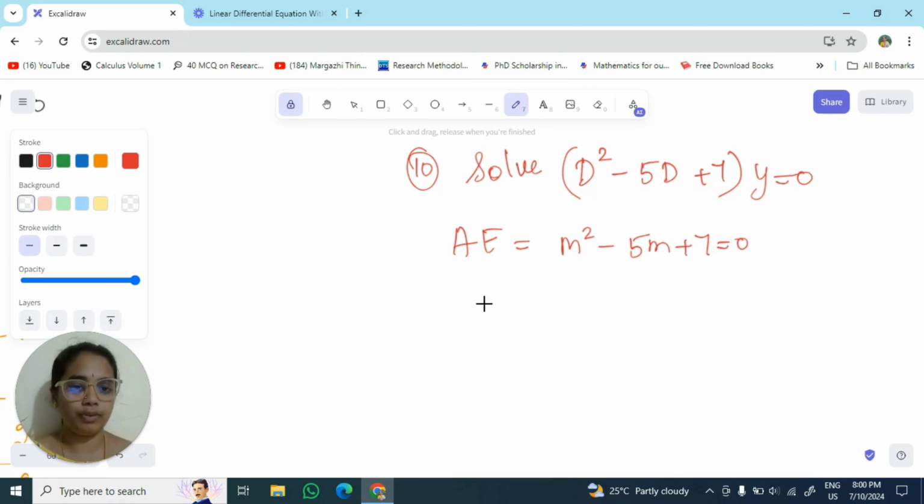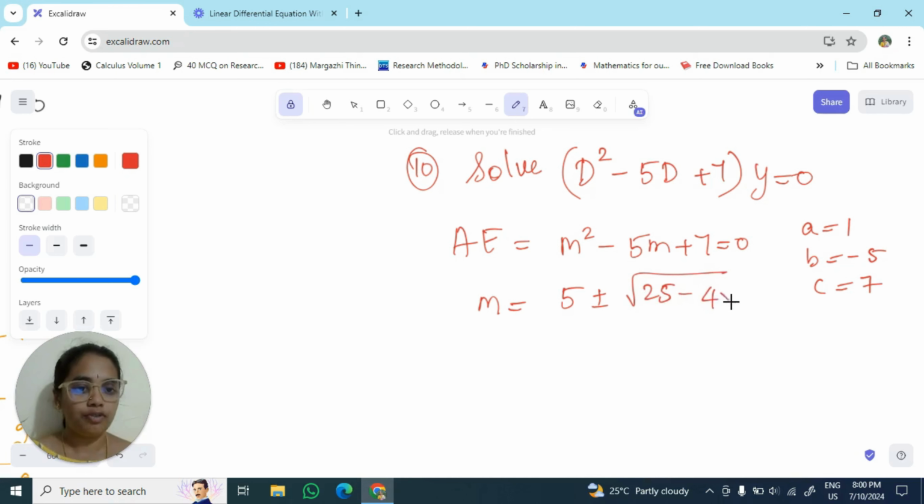So let me use the formula, that is m equals, in place of a I have 1, in place of b I have negative 5, c is 7. Right? So I would be getting minus b, that is positive 5, plus or minus square root of b square, 25 minus 4 into 1 into 7, which is 28, divided by 2.